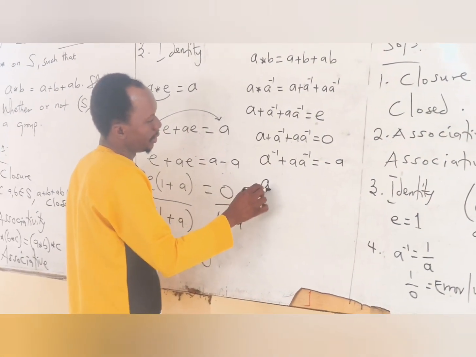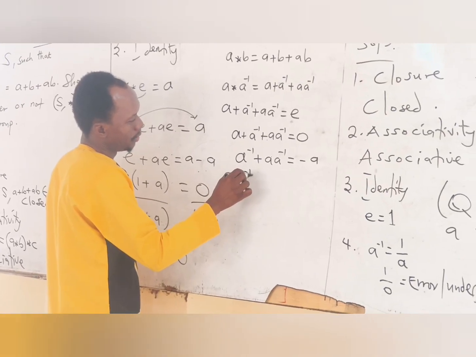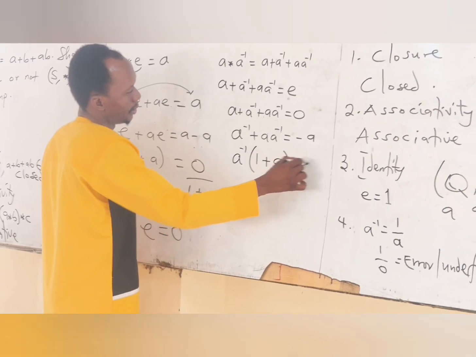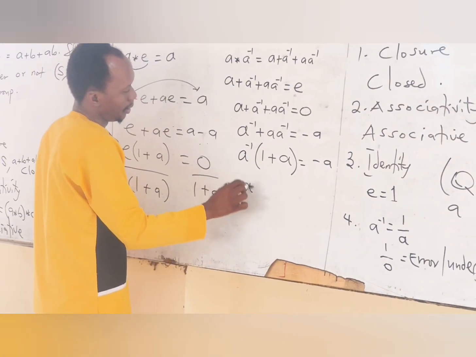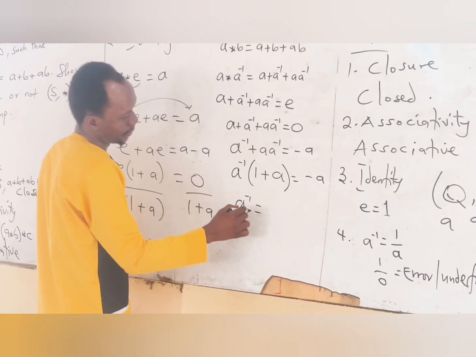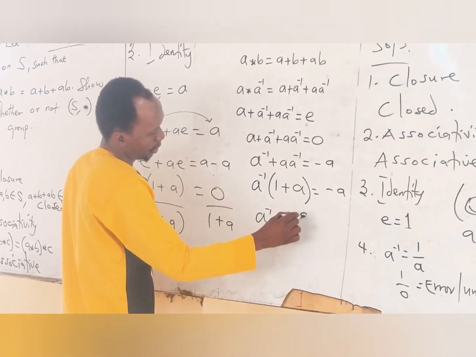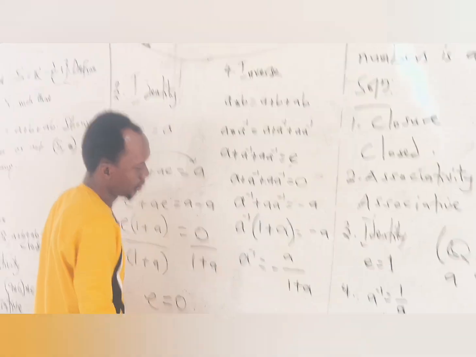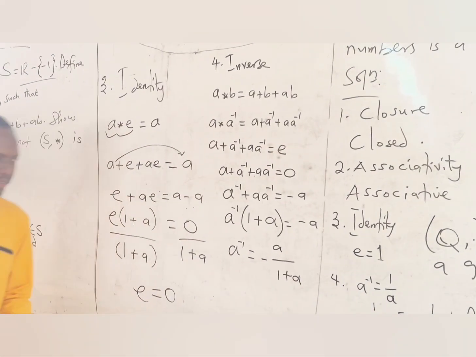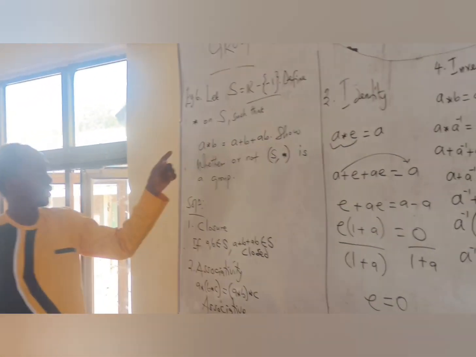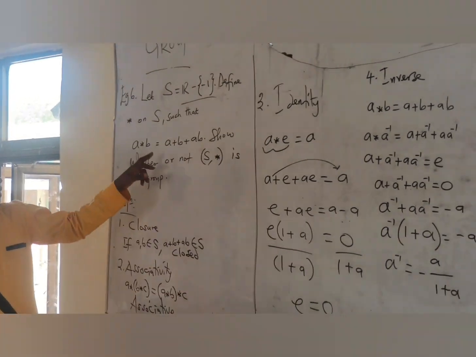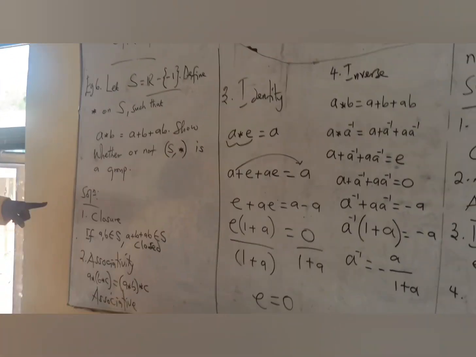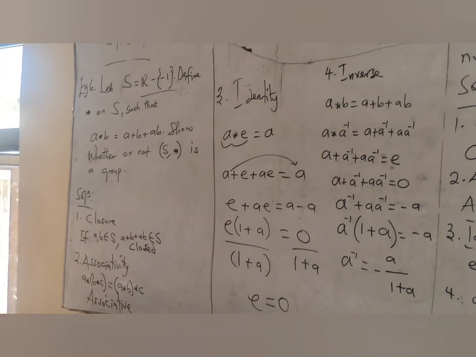So if you want A inverse, what do we do? Factorize A inverse out, 1 plus A, is equal to negative A. A inverse is equal to negative A over 1 plus A. When you do this, now come back and test the inverse and see whether you get answers in the collection.